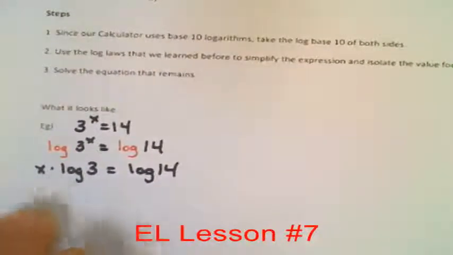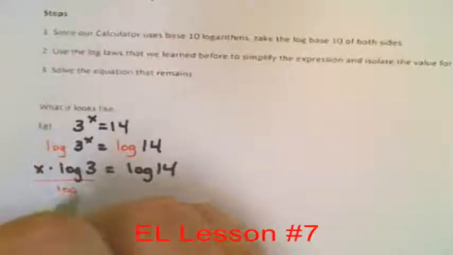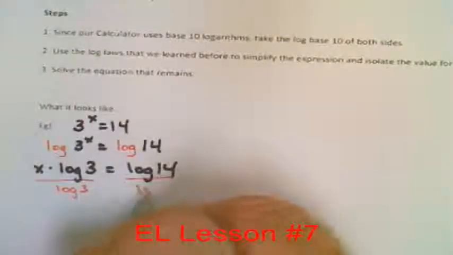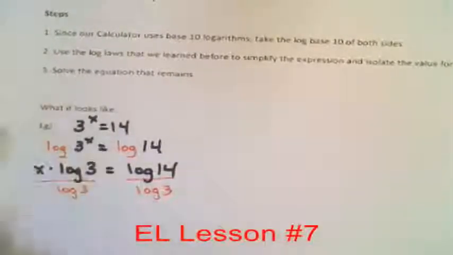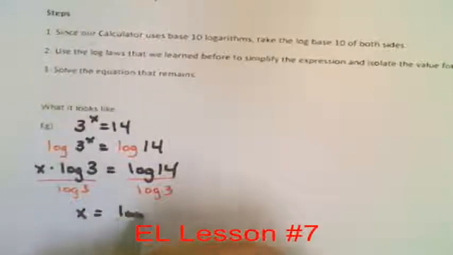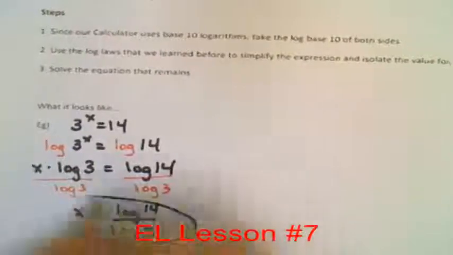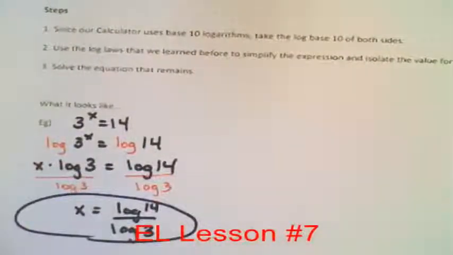And I want to solve for x, okay? And x was multiplied by the log of 3. So I've got to undo that multiplication. The opposite of the multiplication is the division. So I'm going to divide by the log of 3. Whatever I do to one side, I do to the other. And so I'm going to end up with x equals the log of 14 divided by the log of 3.